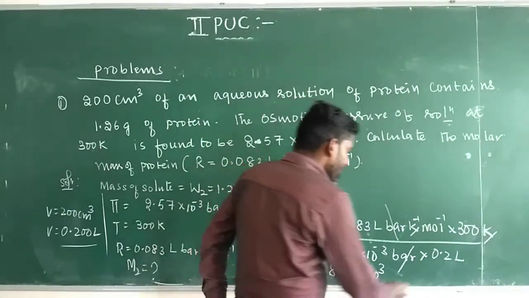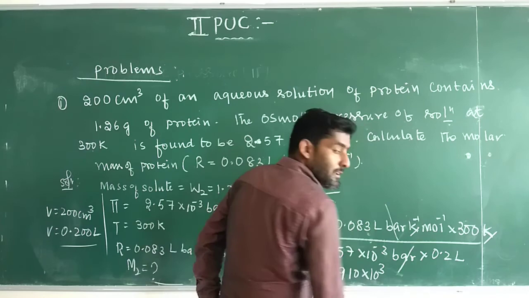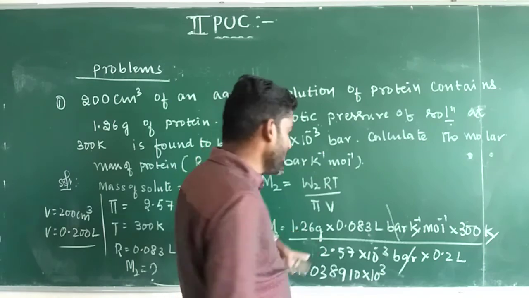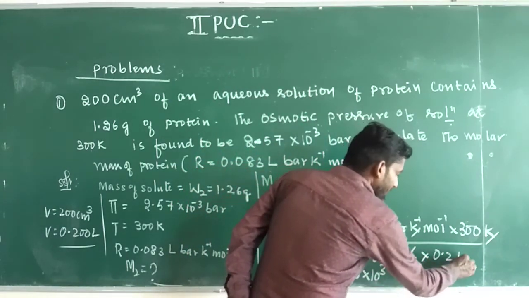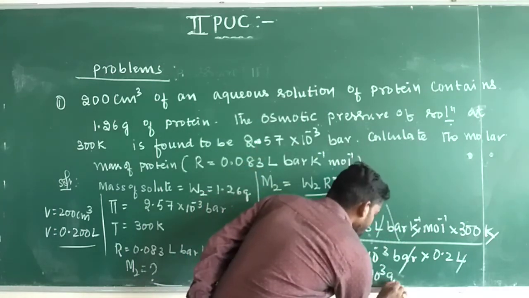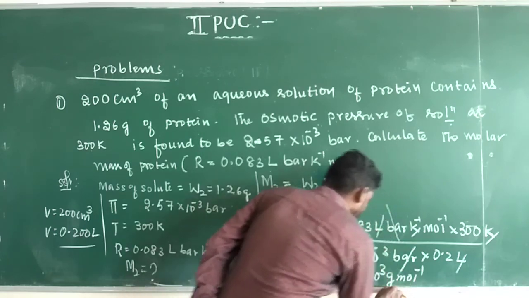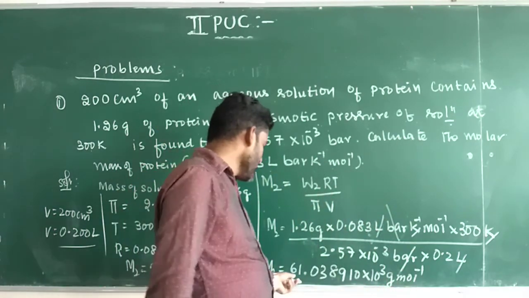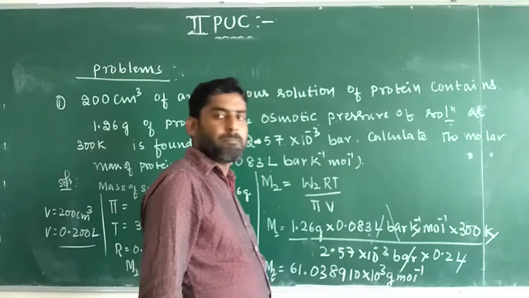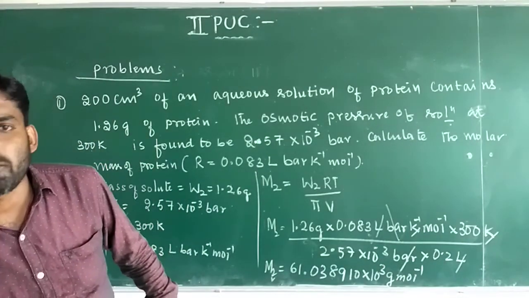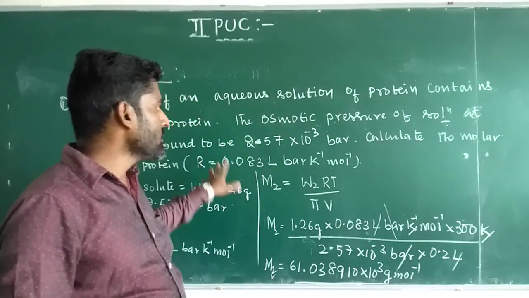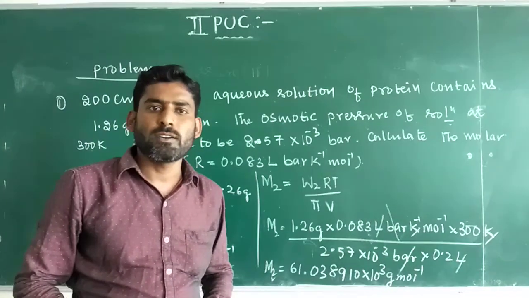In the denominator liter is there and in the numerator liter, so liter cancels and the remaining unit is gram per mole. So this is the final answer. M2 is equal to 61.038910 into 10 power 3 gram per mole, the molecular mass of the protein. We calculated the molecular mass of protein based on osmotic pressure.